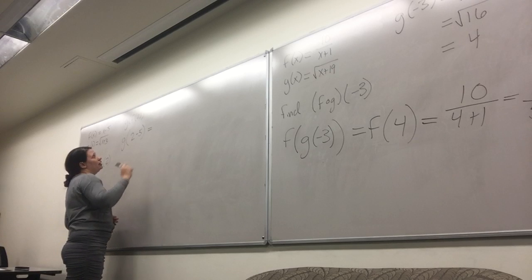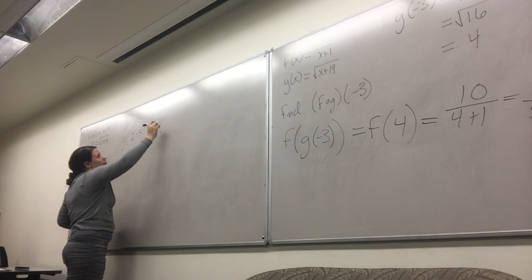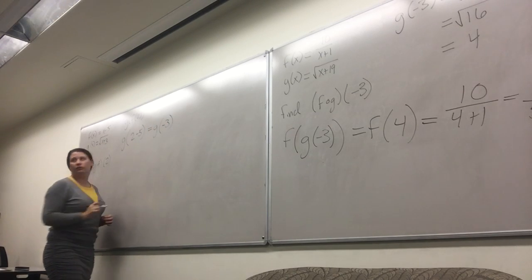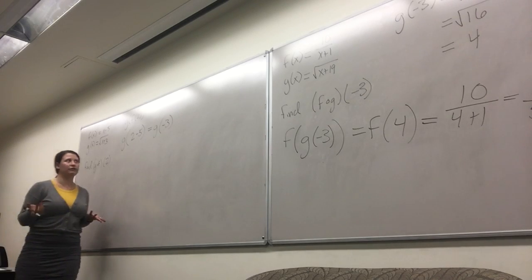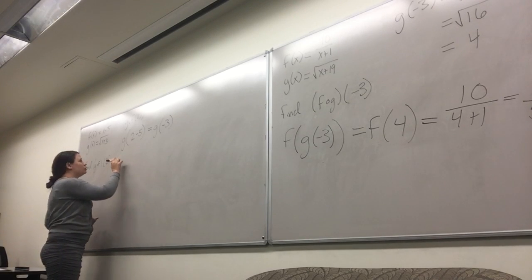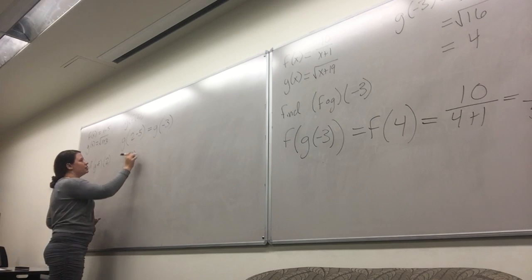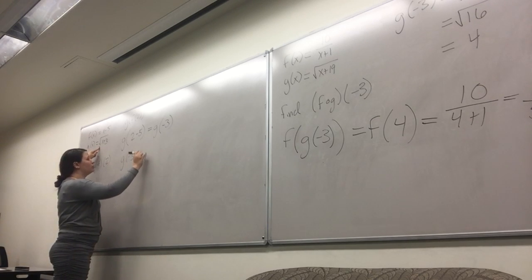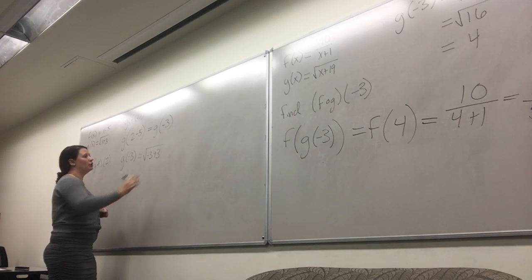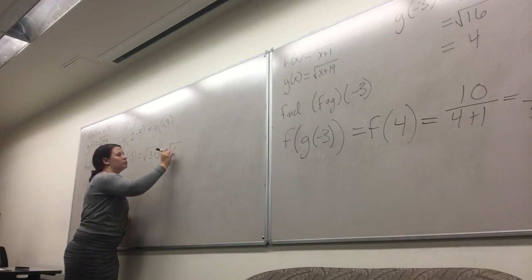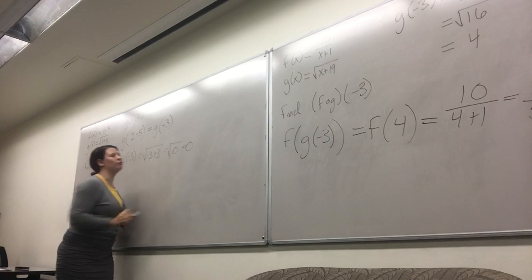So let's simplify that. That means we have g of -3. Well, now let's plug -3 into g. So g of -3 is equal to the square root of -3 plus 3, which is the square root of 0, which is 0.